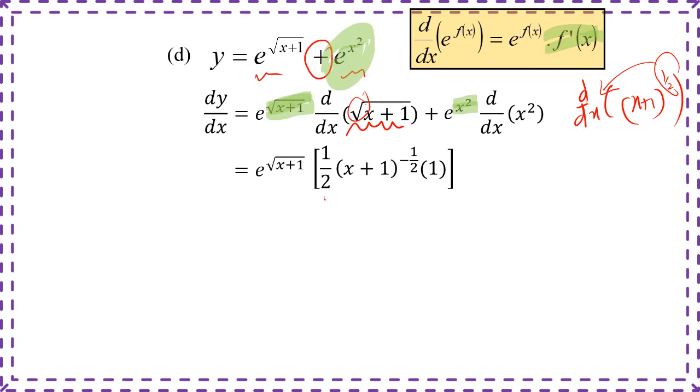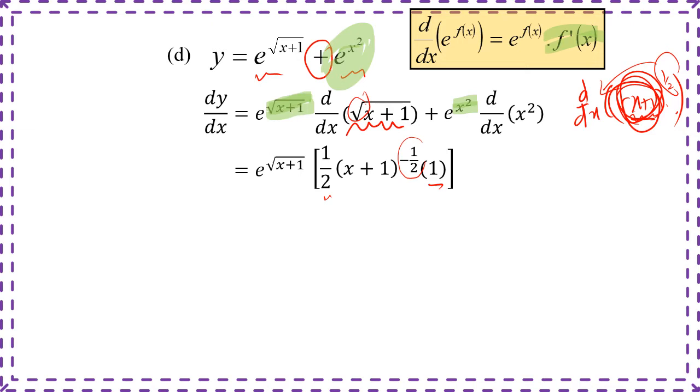That's why we have 1 over 2 here. And then copy back everything inside the bracket. And then the power should be minus 1. So 1 over 2 minus 1 will be negative 1 over 2. And then the last step is differentiating the things inside the bracket here. So differentiate x plus 1, we get 1.